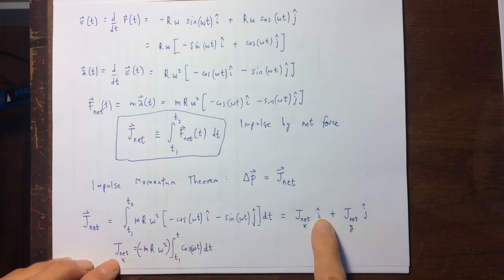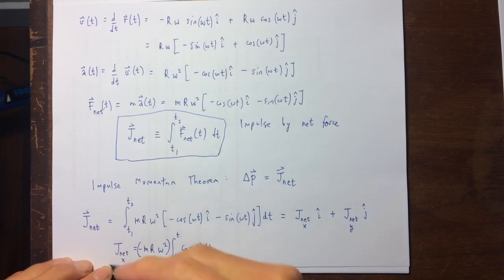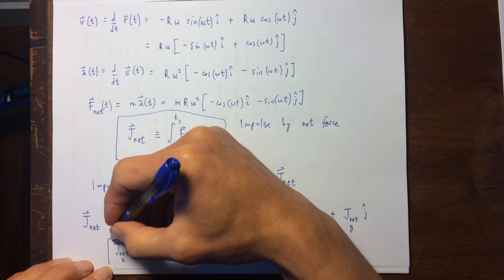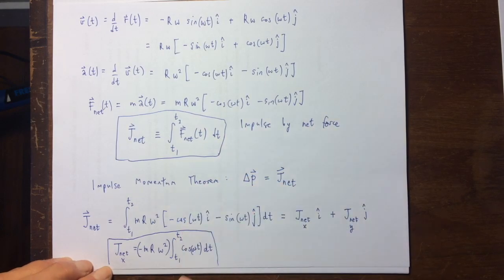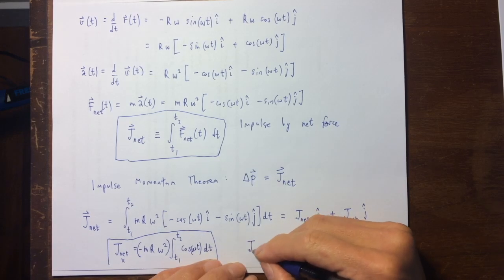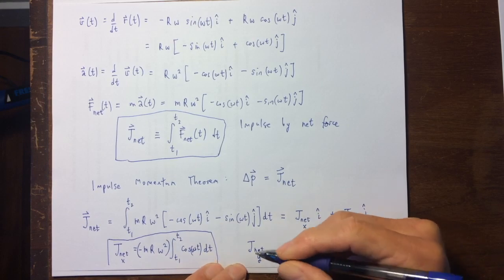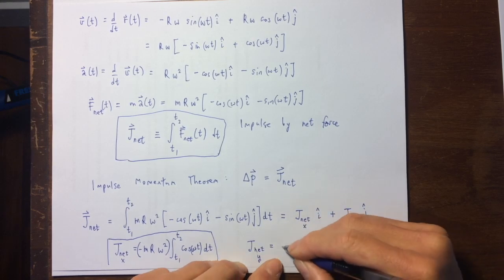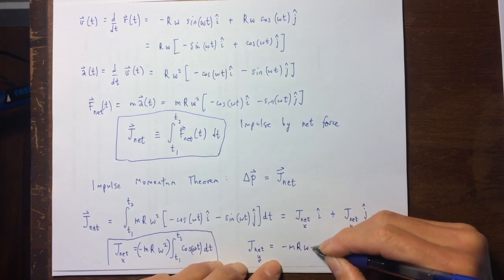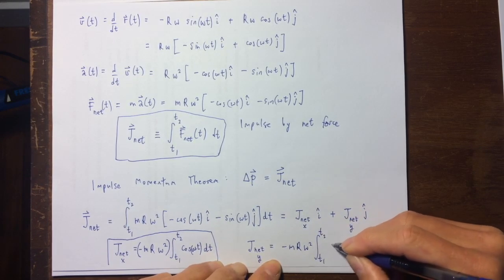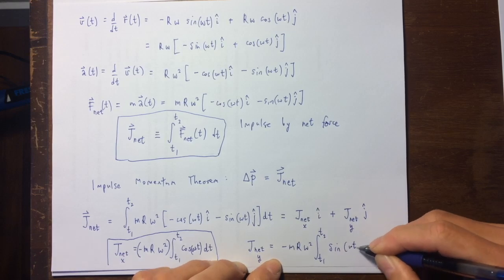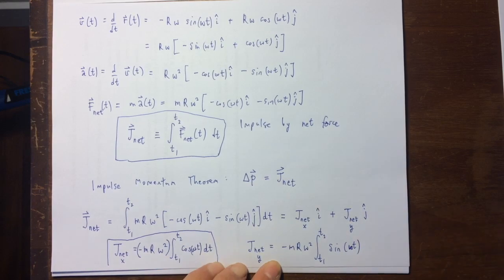The i hat is accounted for outside. So this is all of something I'm going to refer to as the x direction impulse delivered by the net force, which is a vector, between the times t1 and t2. And there is also a net impulse in the y direction. I'll just write it down. It's minus m r omega squared integral t1 to t2 of sine omega t, like this, dt.